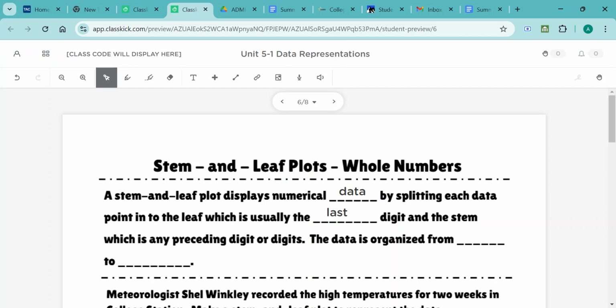So it's any preceding digit or digits. Preceding just means in front of it, before. Okay, now, this data is going to be organized from least to greatest. So this is one nice thing about stem and leaf plots: our numbers are ordered from the smallest to the greatest.